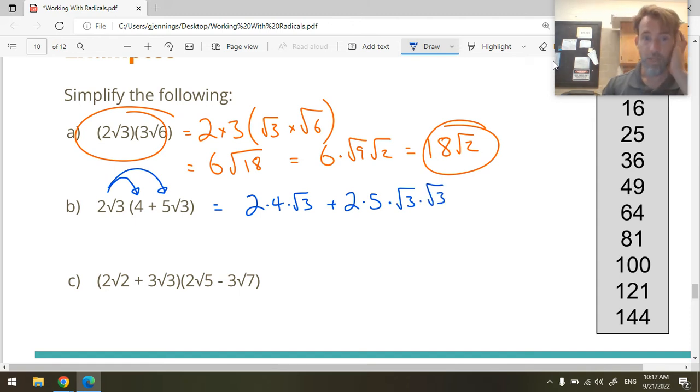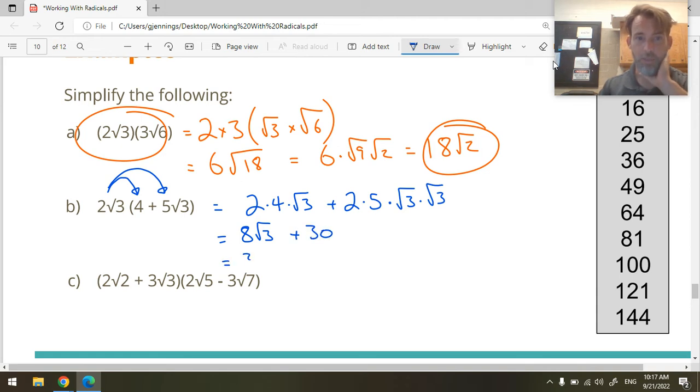Now 2 times 4 times root 3 is pretty easy. That is 8 root 3 plus 2 times 5 times, well, root 3 times root 3 is just 3. So this is 2 times 5 times 3. So that is 30.